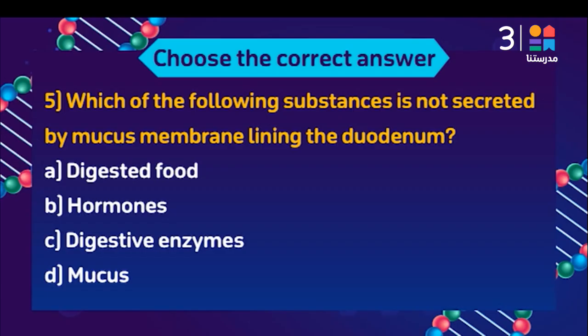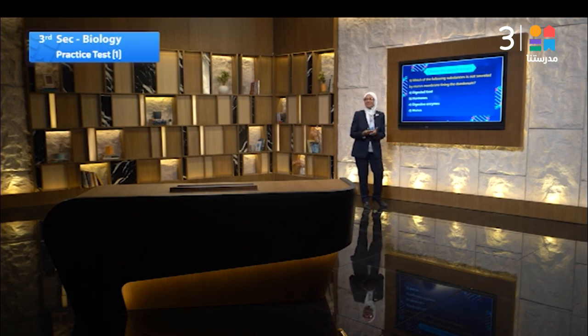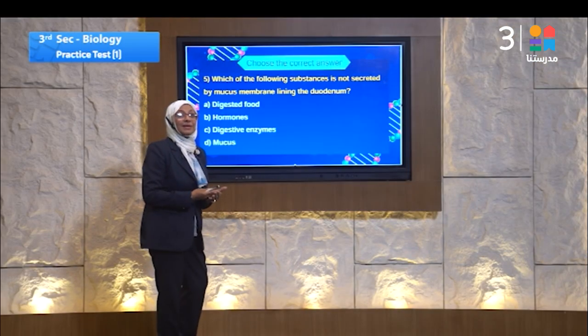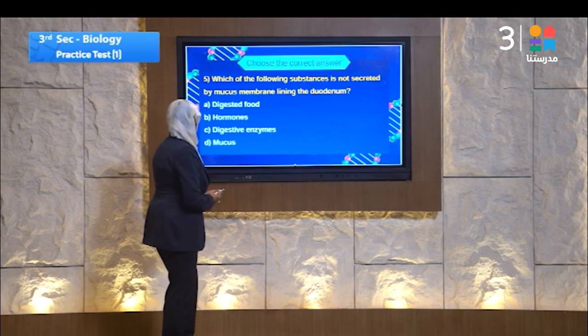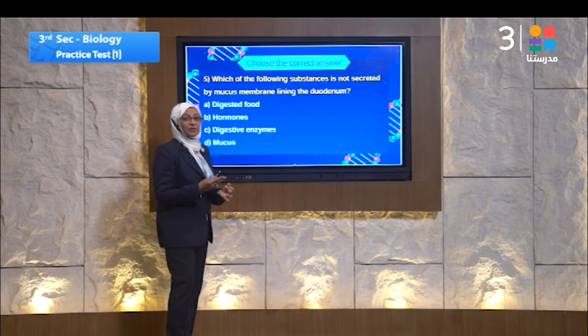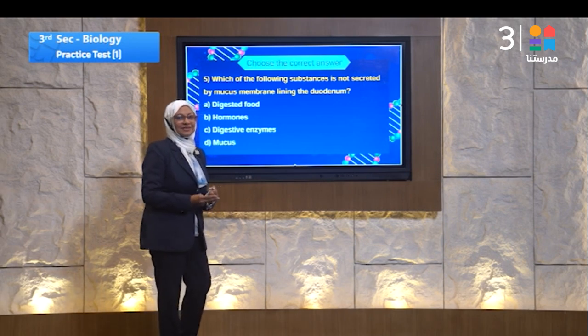Which of the following substances is not secreted by the mucous membrane lining the duodenum? Let's go to the digestive system. Inside the digestive system, there are many secretions. The first one is hormones, yes, a secretion. Second, mucus, yes, it's a secretion inside the digestive system.